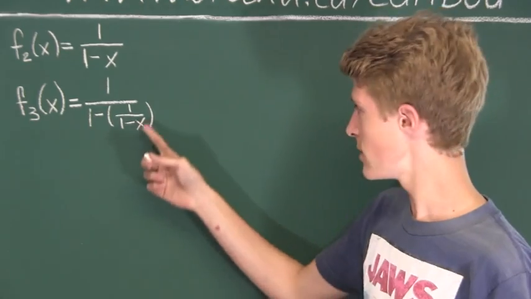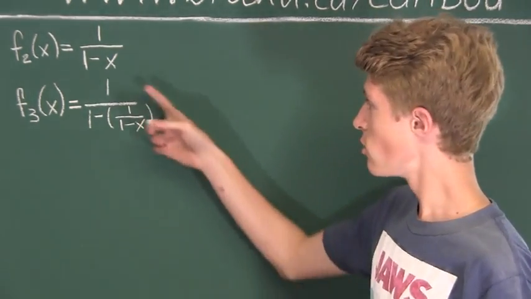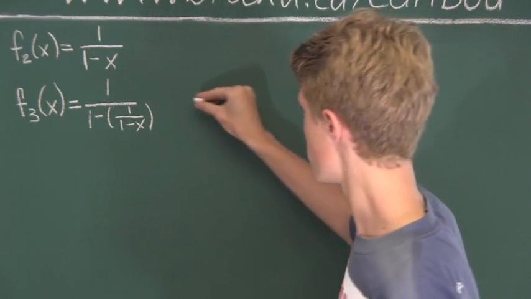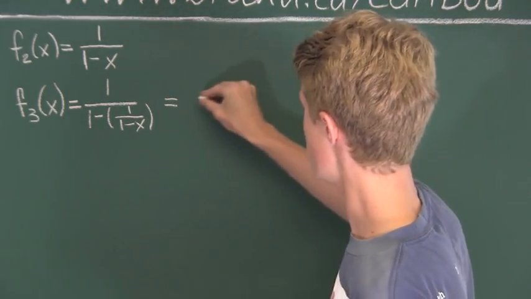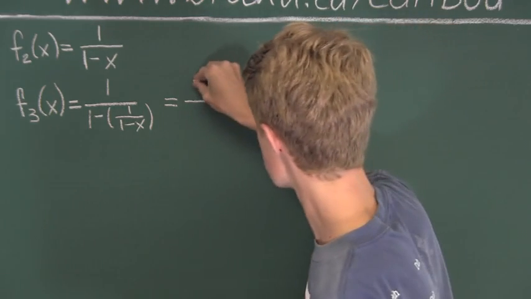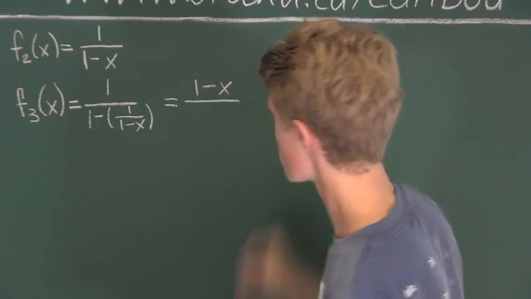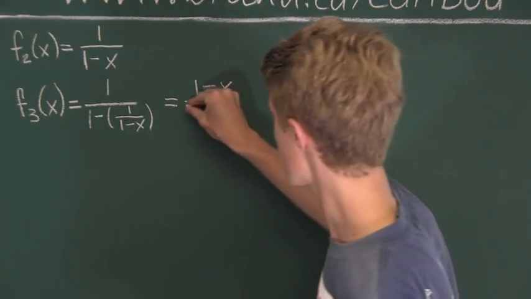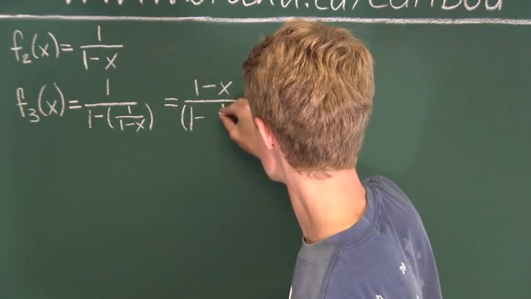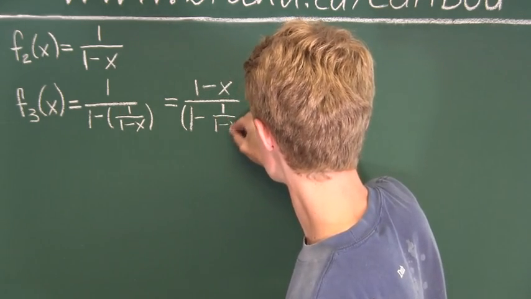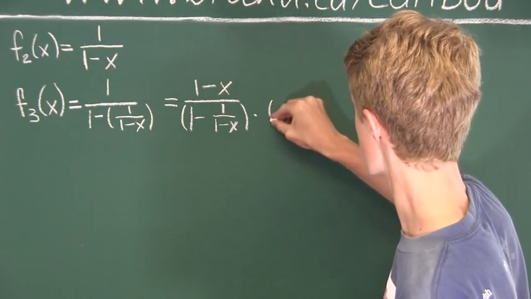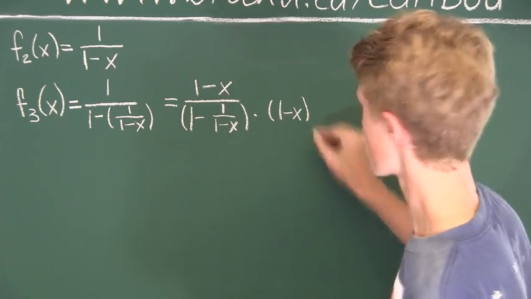So what we will do is get rid of the small denominator by multiplying the whole numerator and the whole denominator by 1 minus x. Therefore, 1 times 1 minus x is 1 minus x. And then we have the whole denominator times 1 minus x.